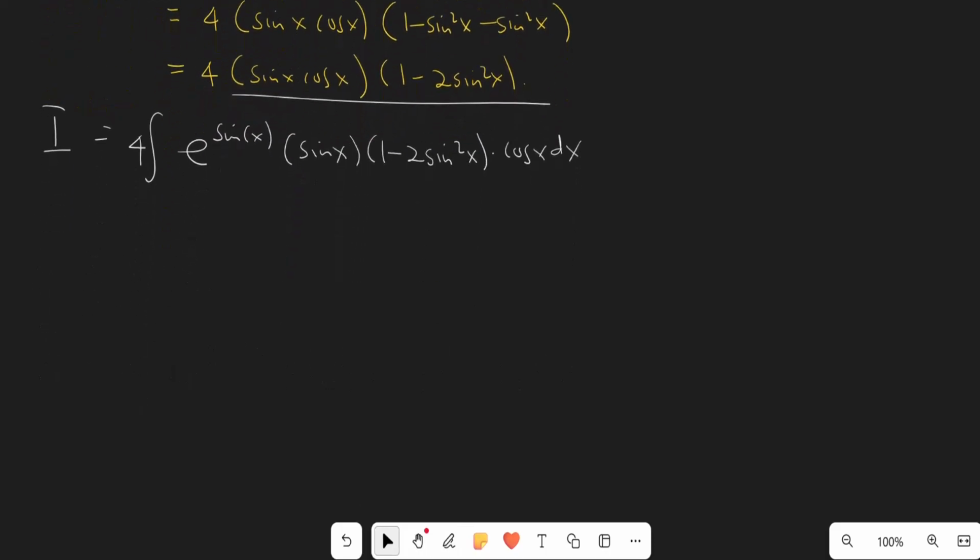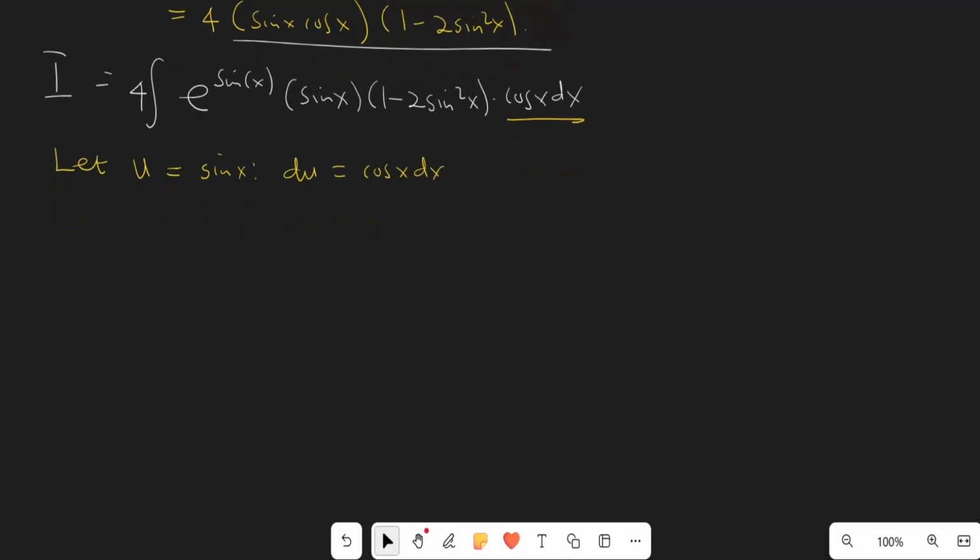And I'm going to do a u sub. So doing a u sub, I'm going to let u be equal to sine of x. So du is going to be cosine of x dx. So in place of cosine of x dx, I'm going to replace that with du. So let's take the integral from the x world into the u world. So I is going to be 4 times the integral of e to the sine of x, which is u.